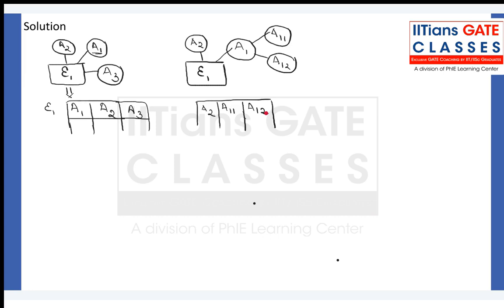Next is if I have a multi-valued attribute, and for this, please pay attention. So let's say I have an entity, it will be confusing, let's say it has a primary key A1.